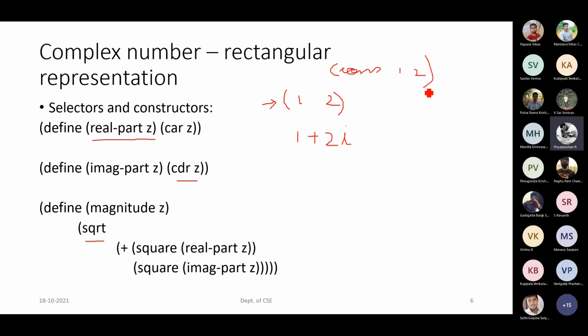So it is CDR. While retrieving, then we will get a list, no, ma'am? Why do we have to get a list? It is not ending with a nil, right? We didn't write a list of 1, 2, right? When do we use list? If you are having more than 2 values, then you can go with a list. Here we have only 2 values, so why do we have to go with list?